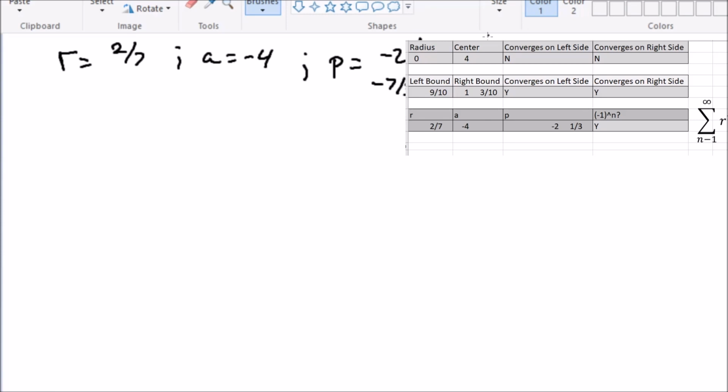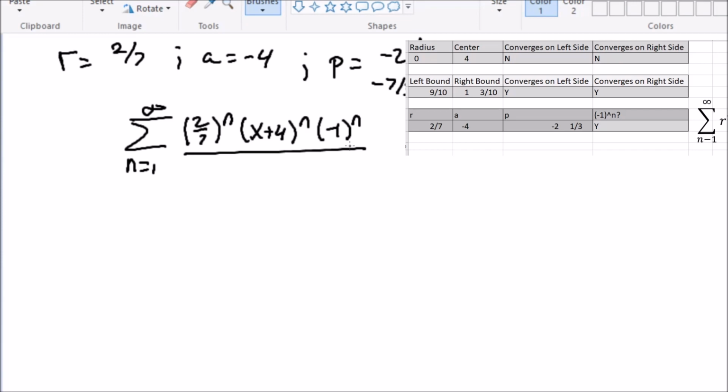And it doesn't matter, but I'm going to add an extra r to the end. So my series looks like the sum of (2/7)^n (x + 4)^n times (-1)^n, all over n^(7/3). Okay? Well then, my radius is going to be 7/2.